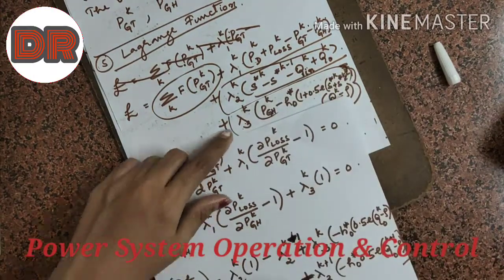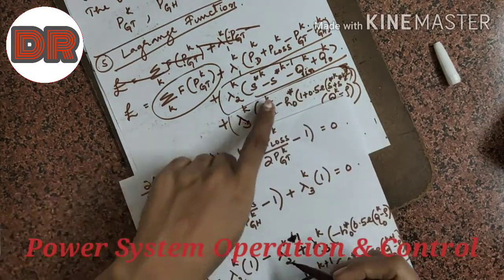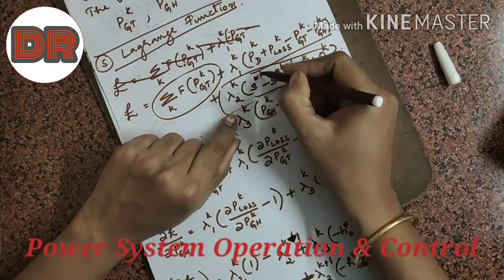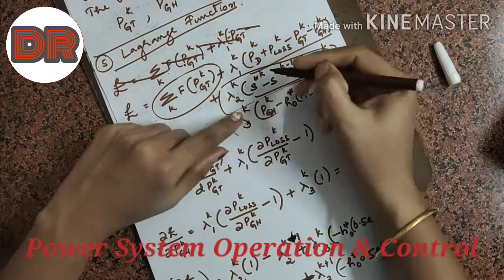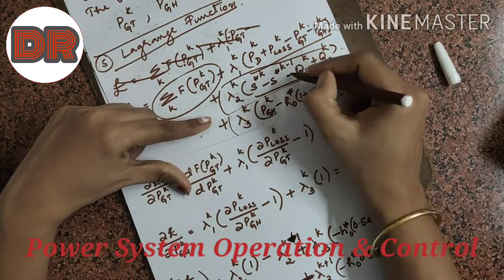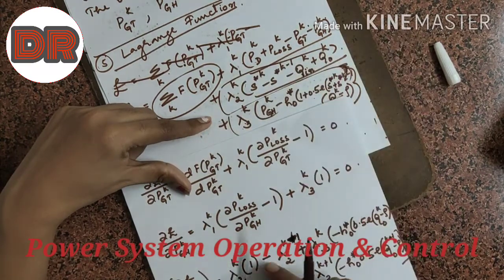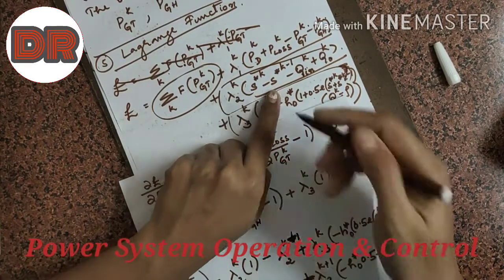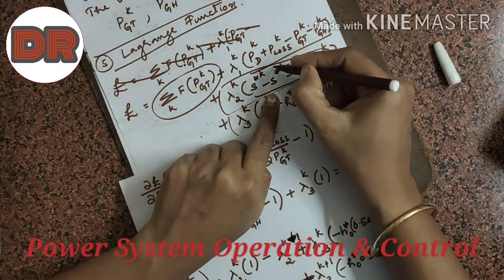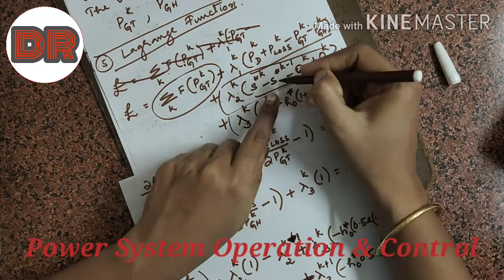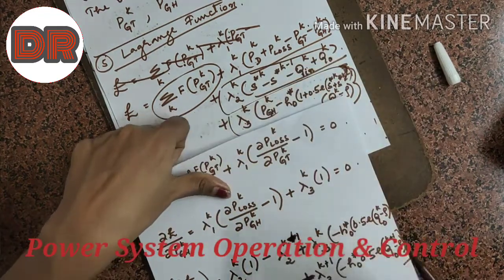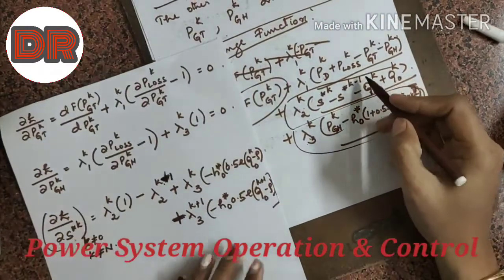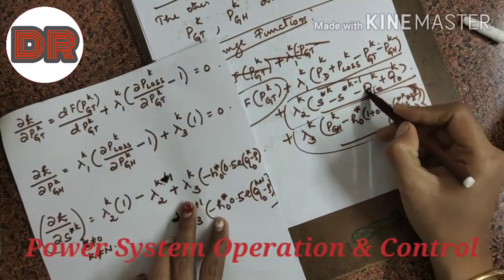So we'll be getting lambda 2K into 1 for this differentiation of this with respect to this, and all other terms are 0, so into 1 minus lambda 2K plus 1. When you differentiate this with respect to S star K, you will be getting lambda 2 K plus 1, and for these terms it is 0.